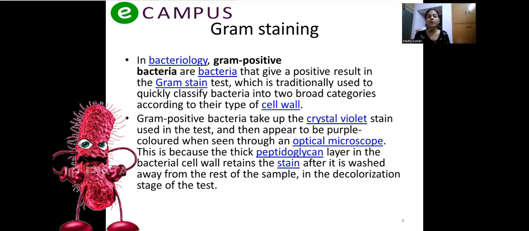This is because the thick peptidoglycan layer in the bacterial cell wall retains the stain after it is washed away from the rest of the sample in the decolorization stage of the test.